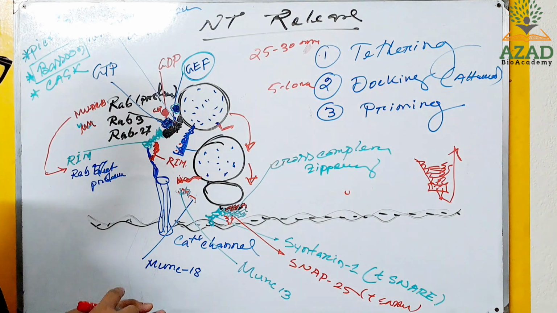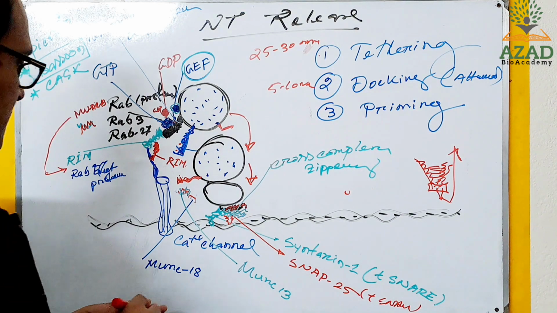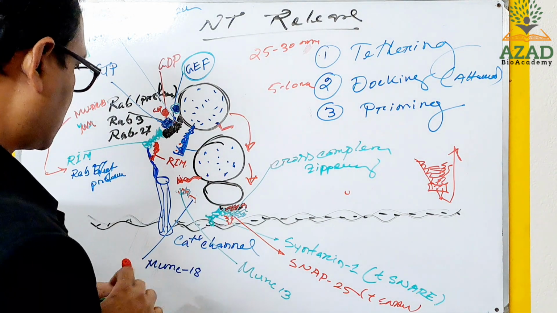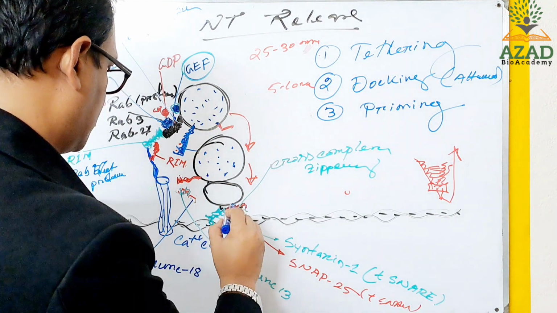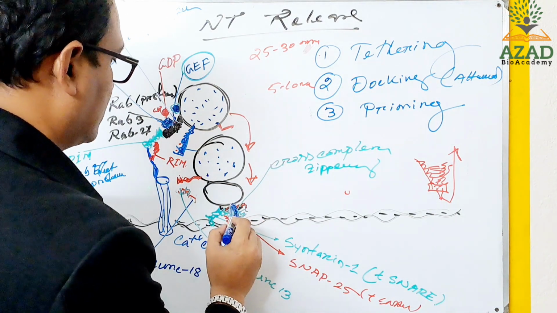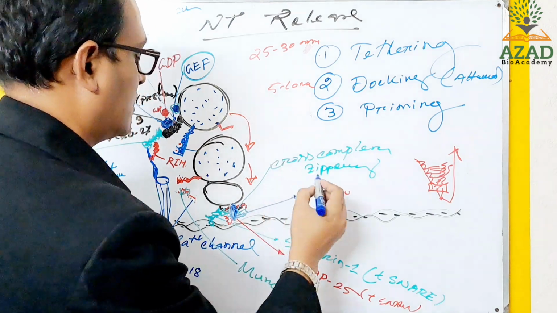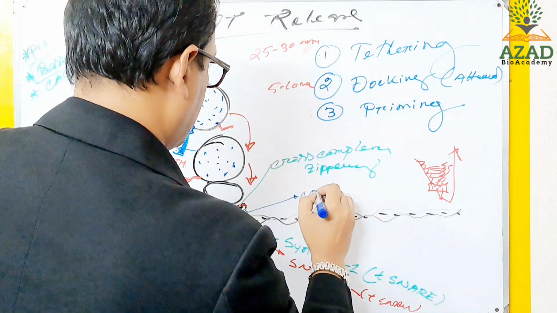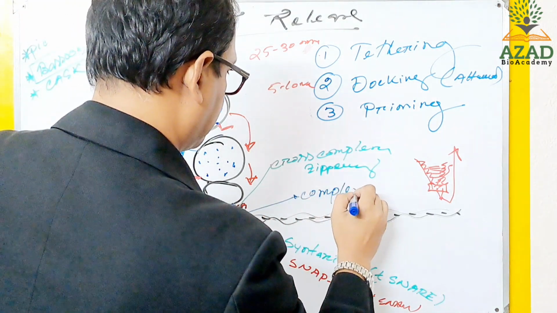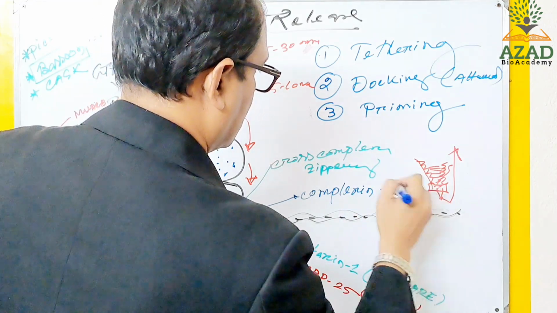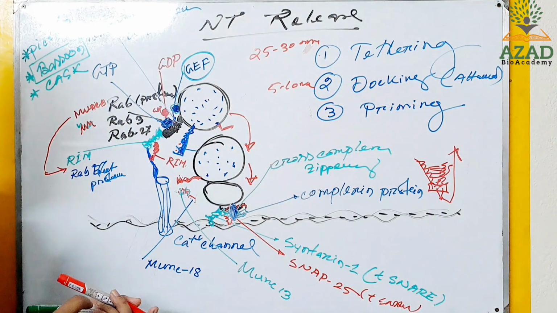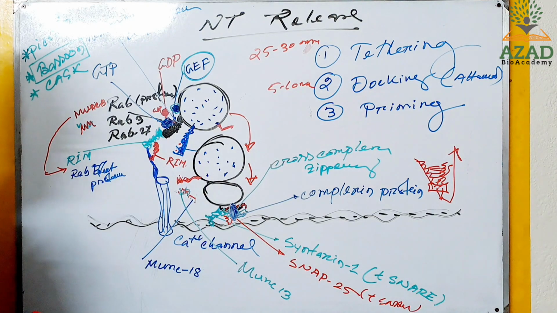That is called complexin protein. Okay, this is the complexin protein. So what is the function of complexin protein?